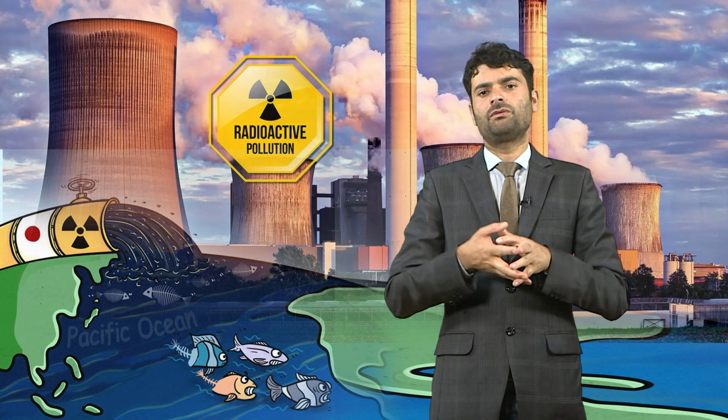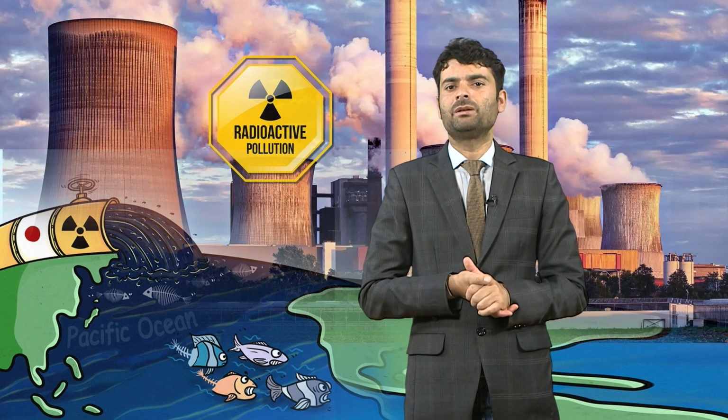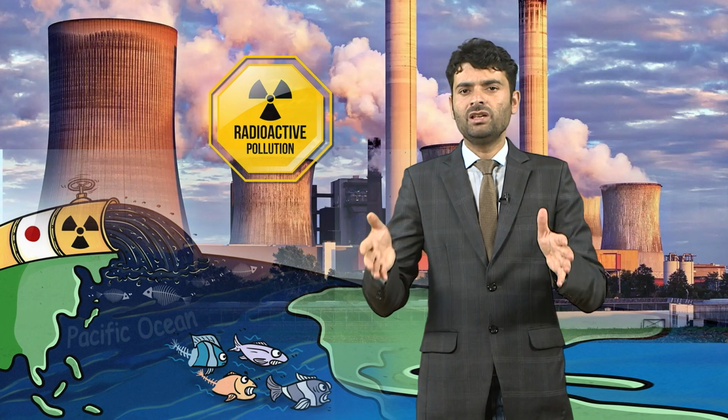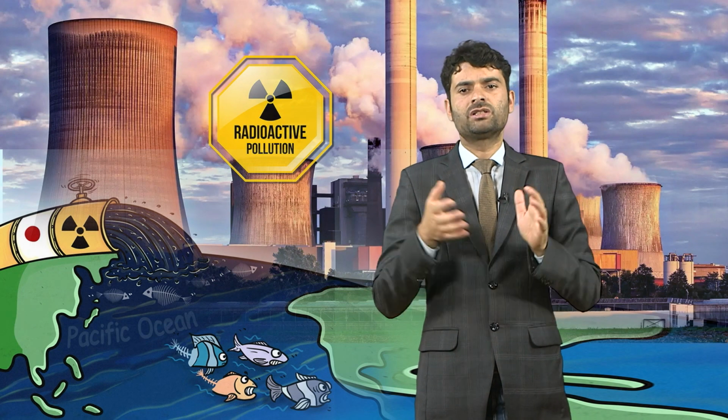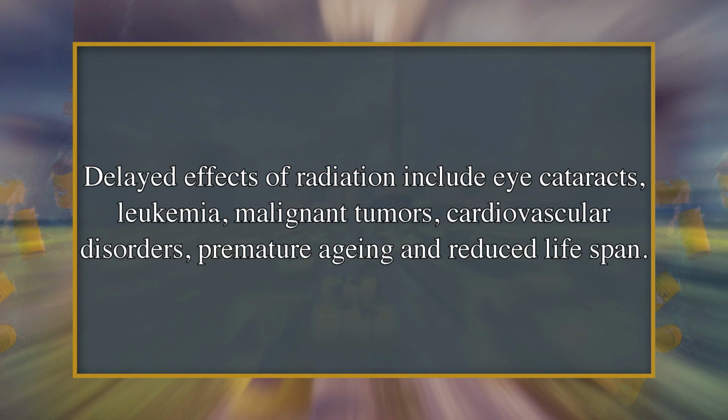The effects of low penetrating radiations are less severe than the penetrating ones. In delayed effects, the patient may survive for months or years. Delayed effects of radiation include eye cataracts, leukemia, malignant tumors, cardiovascular disorders, premature aging and reduced lifespan.